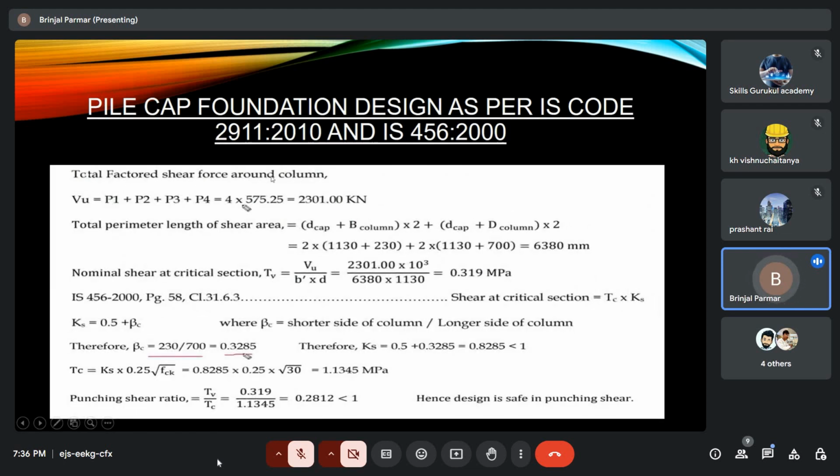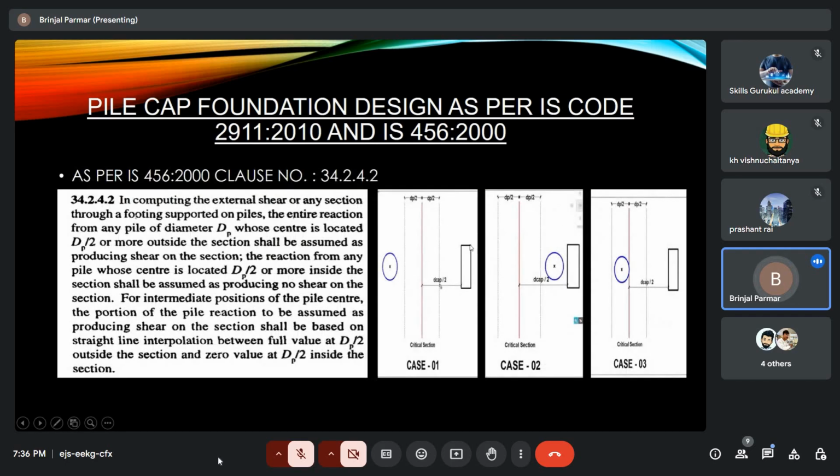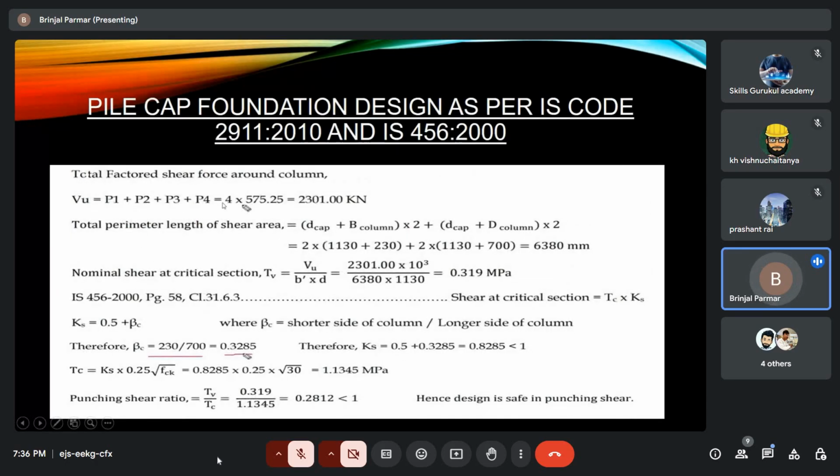Total factored shear force around column. Around column there are four piles, so we multiply 4 into reaction, 4 into 575.25, 2301 kN. Total perimeter of length of shear area is D cap plus width of column, into 2, plus D cap plus depth of column, into 2. So we get 6380 mm.